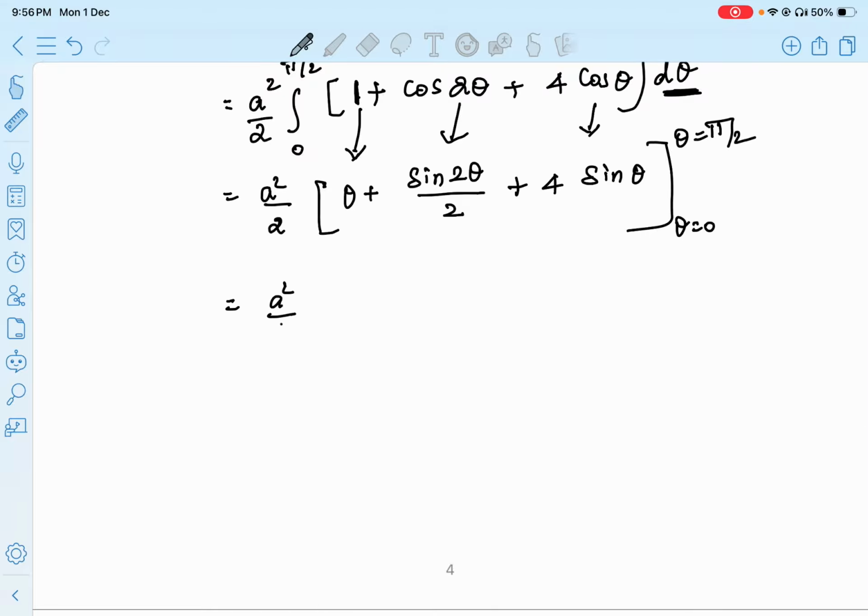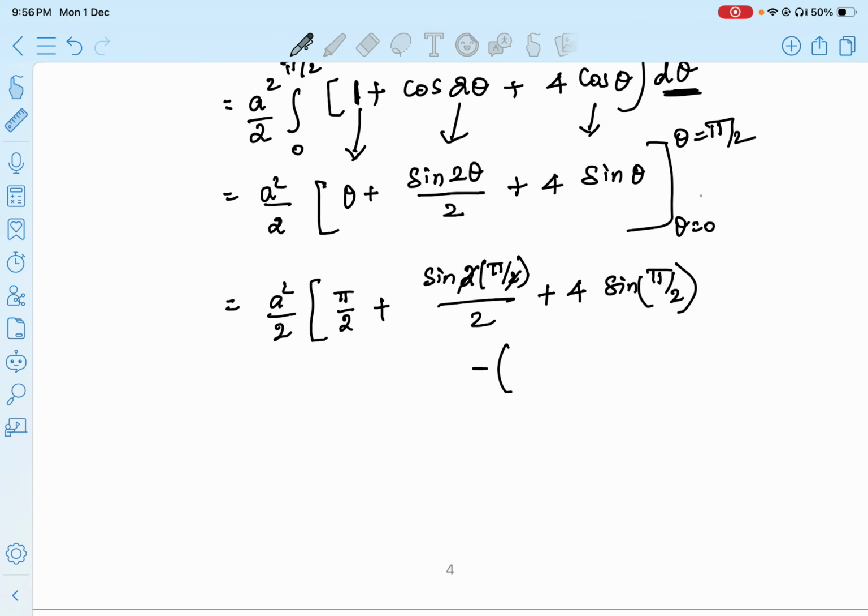So a square by 2, and for theta I am going to substitute pi by 2, plus sin 2 into pi by 2 by 2, so this 2 will get cancelled, plus 4 sin pi by 2, minus the lower limits.